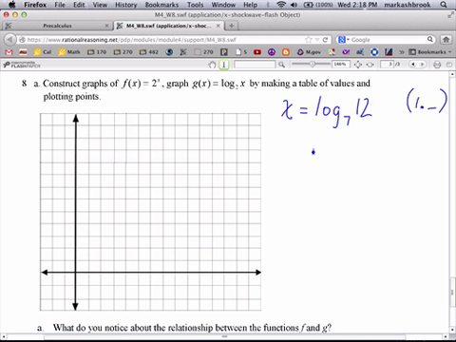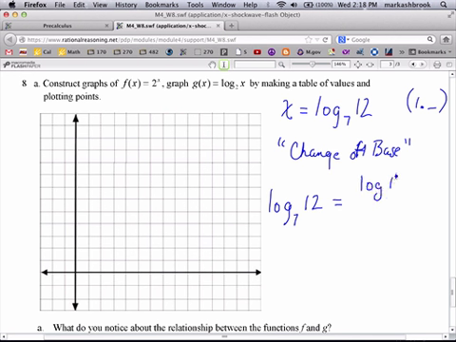Your calculator only knows base e and base 10, so we need something that's called the change of base. The change of base allows us to do this. Log base 7 of 12, we can calculate it by changing the base to 10: the log of 12, base 10, over the log of 7, the original base.